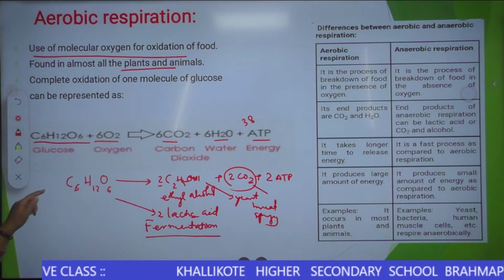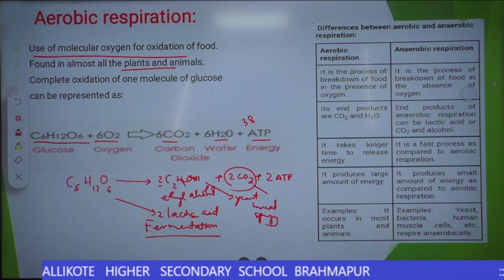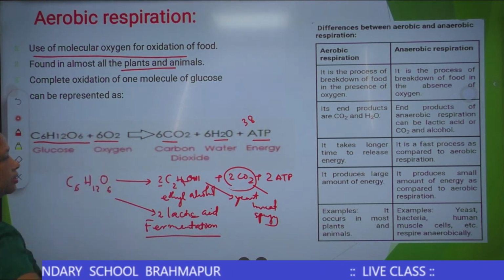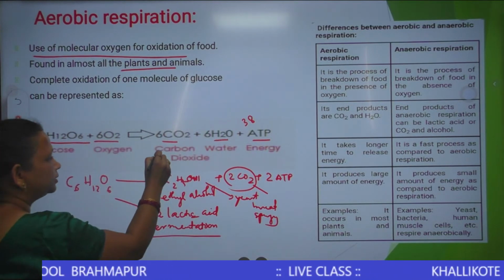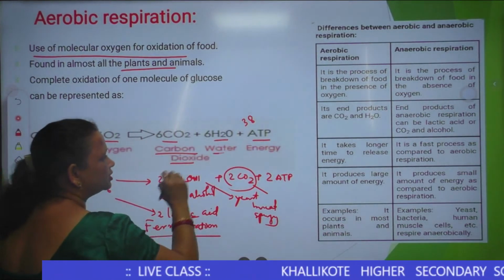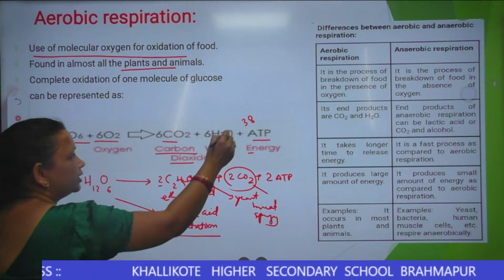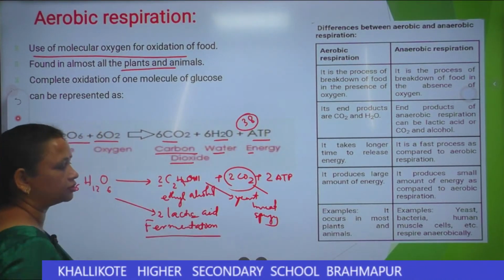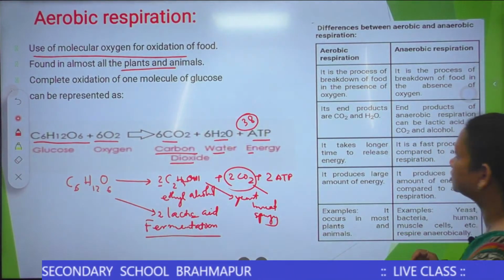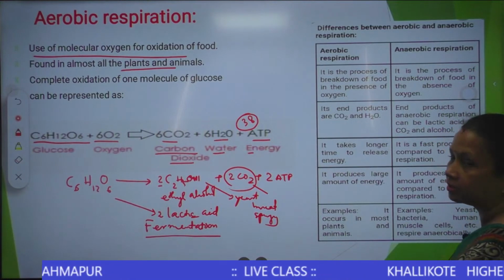So here this is incomplete breakdown of the glucose molecule, whereas when complete breakdown is occurring, we find that carbon dioxide is released, water is released and energy is released. So here we get more amount of energy. So what will then be the differences between aerobic respiration and anaerobic respiration?